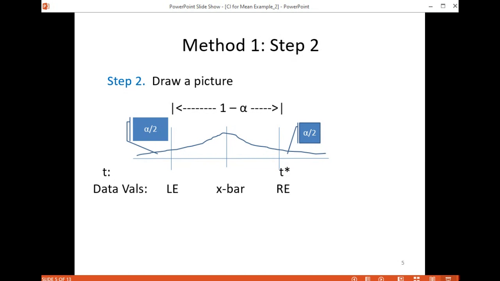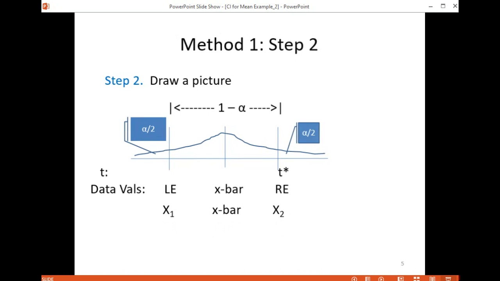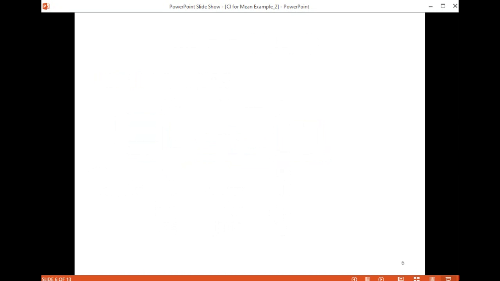And once you find t star and you find the standard error, you can also find RE and LE. Okay? So some people use X1 and X2 instead of LE and RE, but they're all the same thing. I am only mentioning it because you may look at another book and see a different notation and want to know which one is correct. They're both correct. It's just different people use different notation.